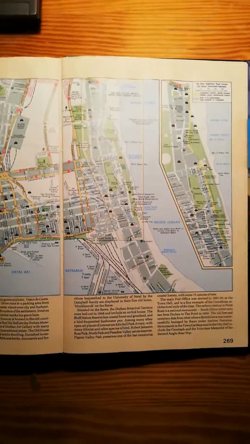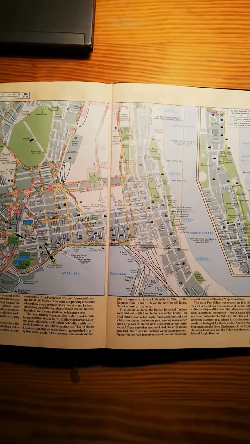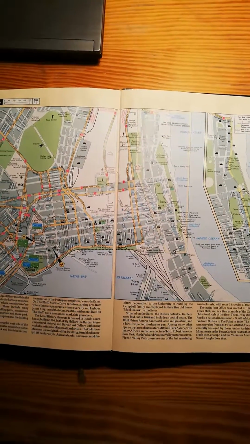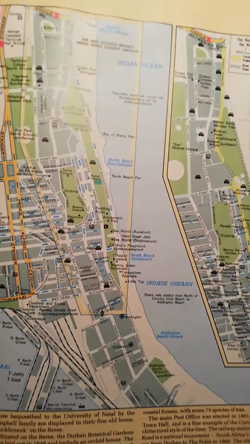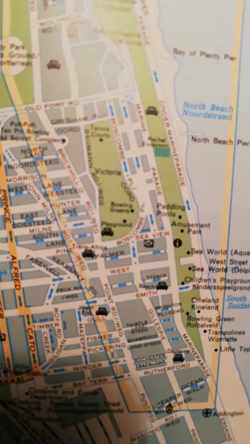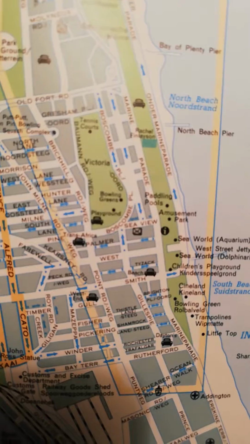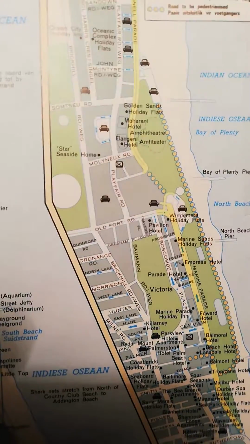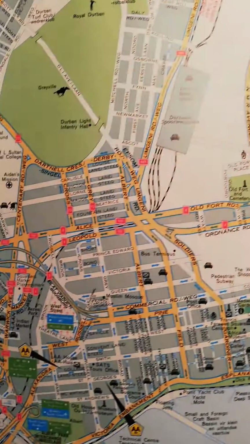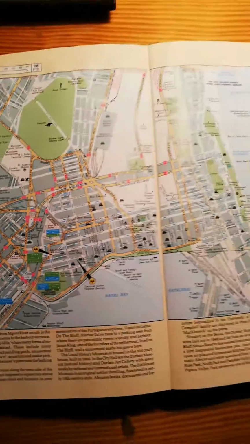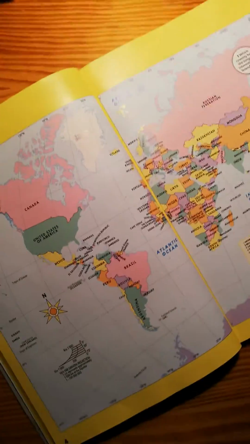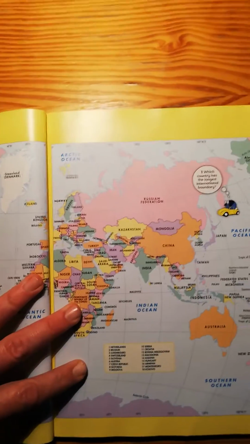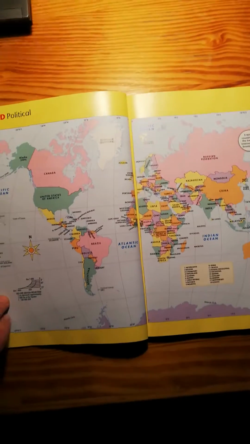And the next one, a street map. Very similar to what you will find if you use Google Maps or GPS. You can see the names of the streets on it. And this can really be helpful to find your way from point A to point B. And if we move on to the next atlas, there's a variety of world maps.